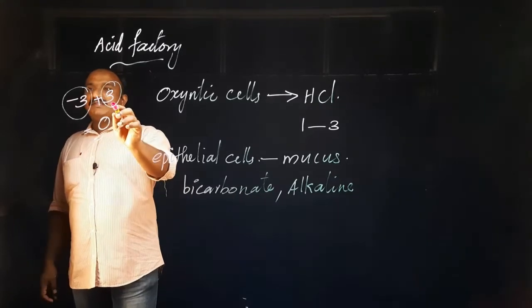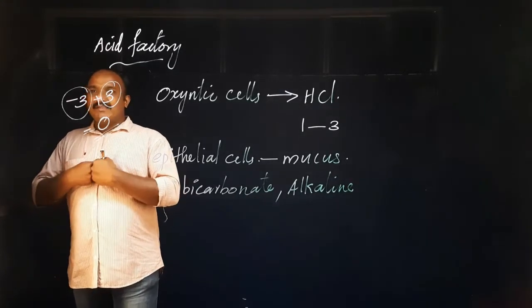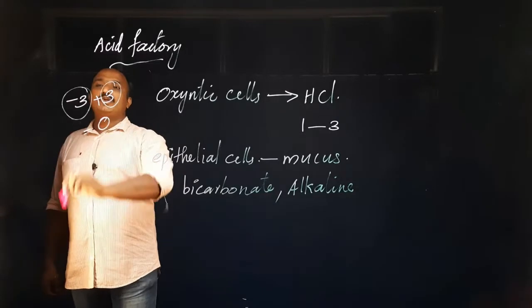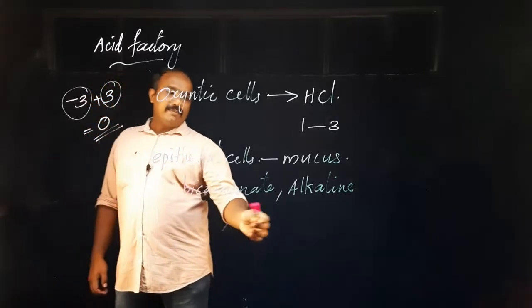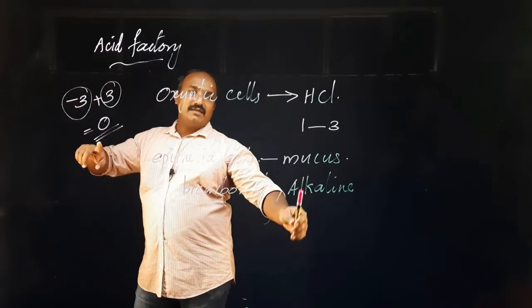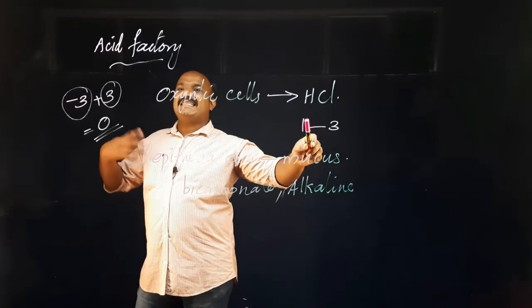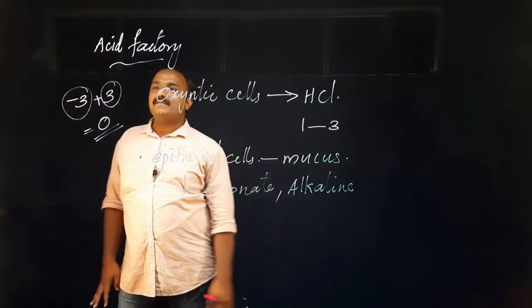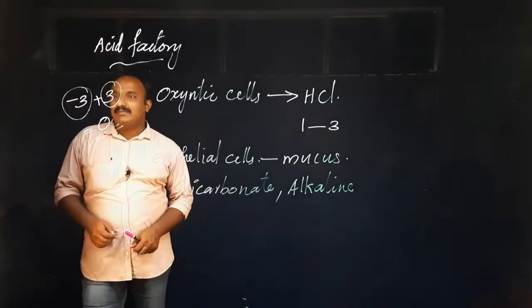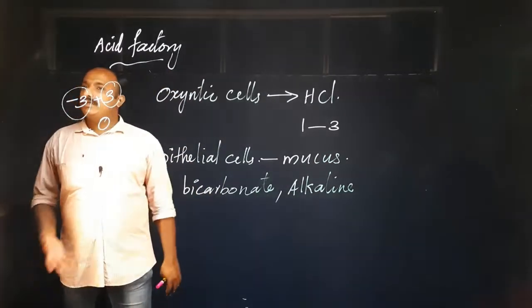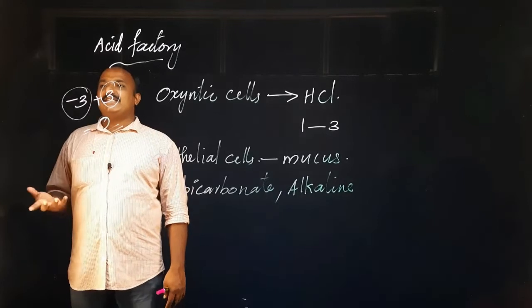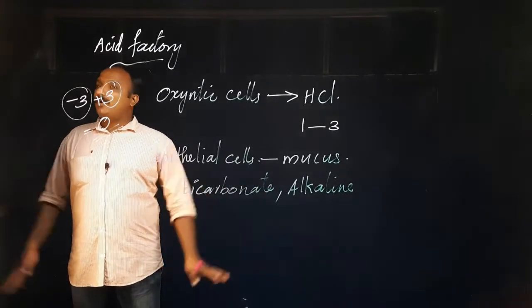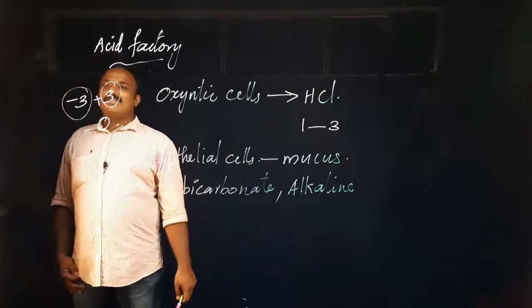Minus 3 plus 3, equal in power. That's why we get 0. Like that, here bicarbonate is alkaline in nature and HCl is acid in nature. When they come in contact with each other, it will be neutralized. It means zero action will be there. No alkaline nature, no acid nature. Neutral nature, 0. Okay, so it is neutralized.